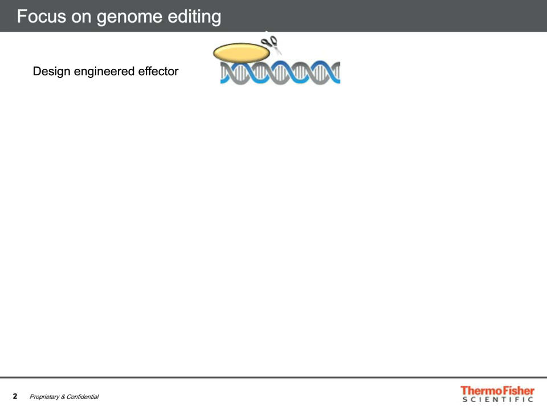So the important part is that these tools will, in our discussions, only create double-stranded breaks. And the more efficient and specific we are creating these double-stranded breaks only at the locus that we're interested in, the better off the workflow is downstream.